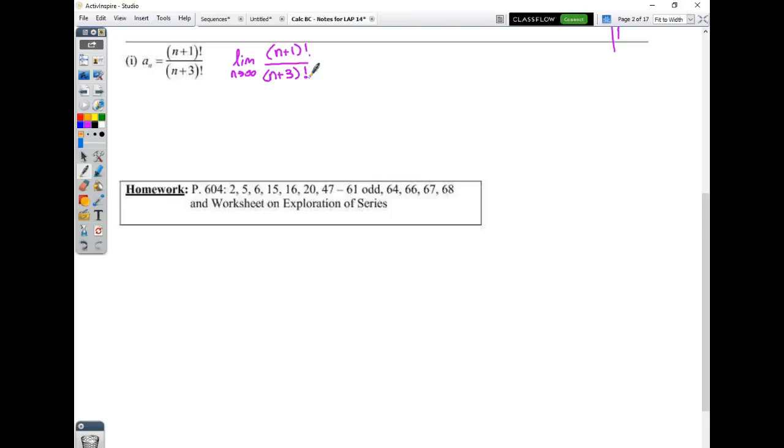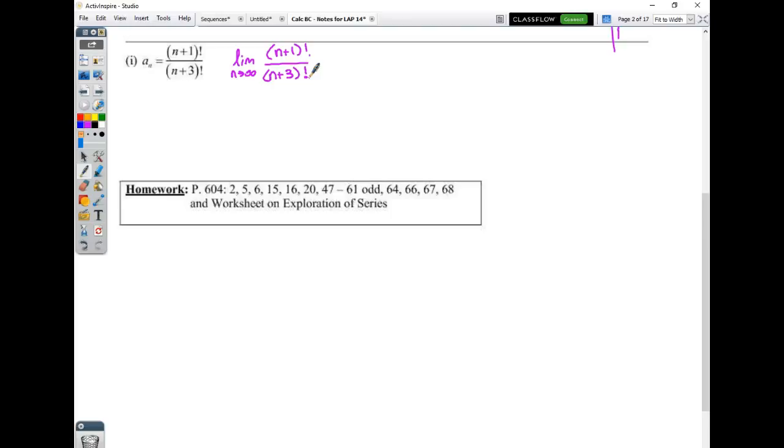Easier to remember it backwards. So if it's 7 factorial, 7 times 6 times 5 times 4 times 3 times 2 times 1. Right idea, but conceptually we want to work it backwards, and the reason why is that this is kind of hard to see whether it converges or diverges.